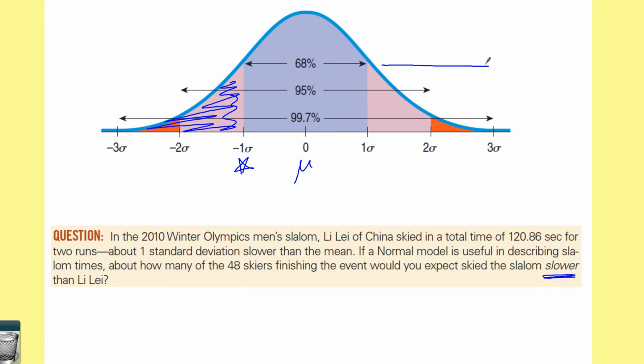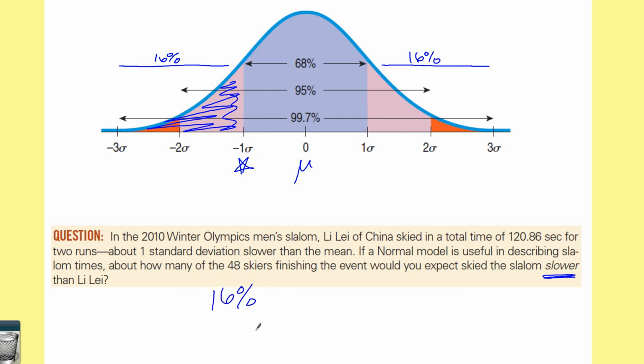So this piece and this piece should be 16% and 16%. 16 plus 68 plus 16 should get us 100%. So 16% should be less than our one standard deviation.